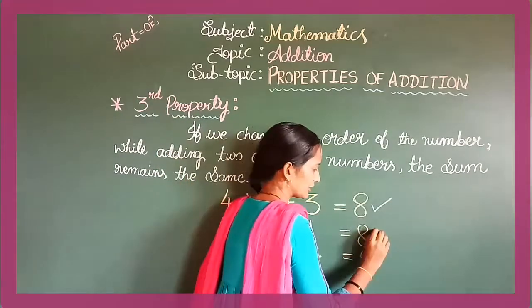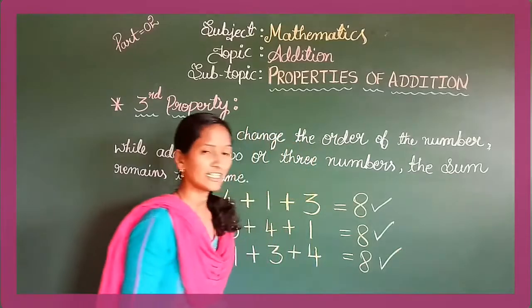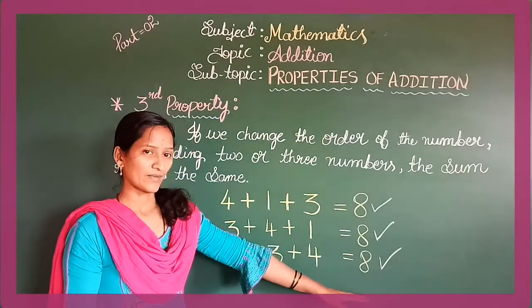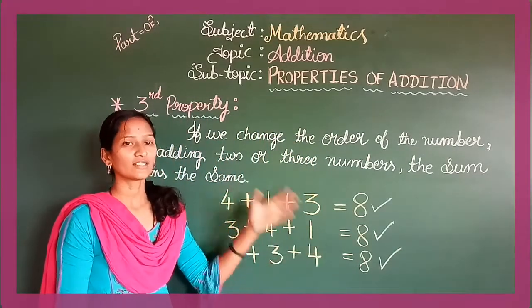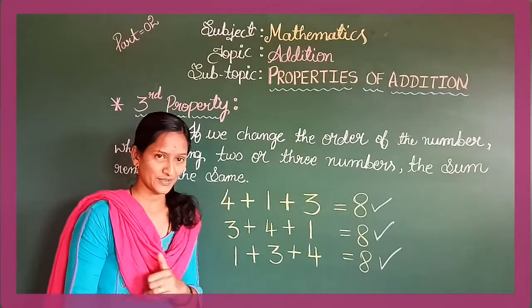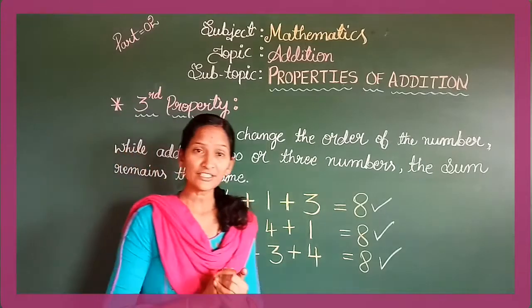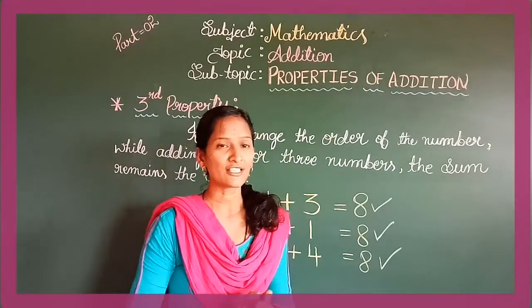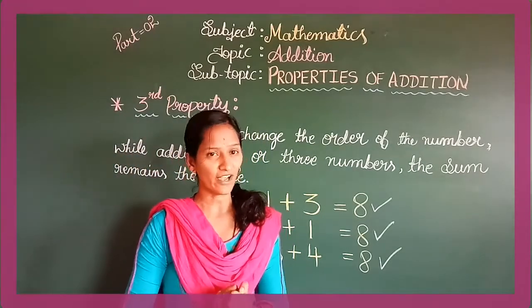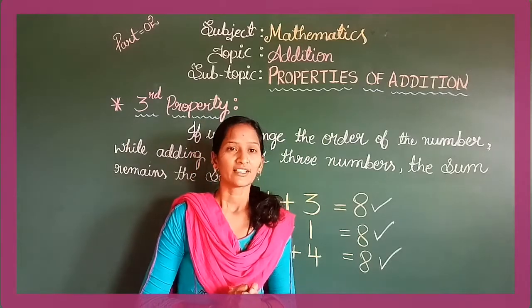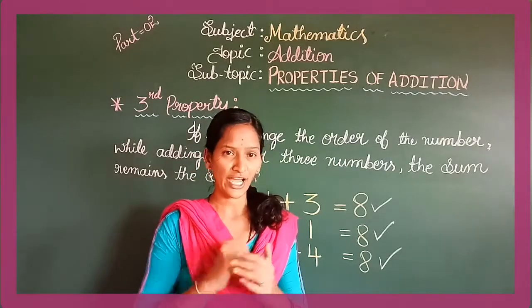So in all the cases we are getting the same number as the sum. This is called the third property of addition. Is it clear? So my dear students, in this class you learned the properties of addition, right? Now I will move to the textbook activity.